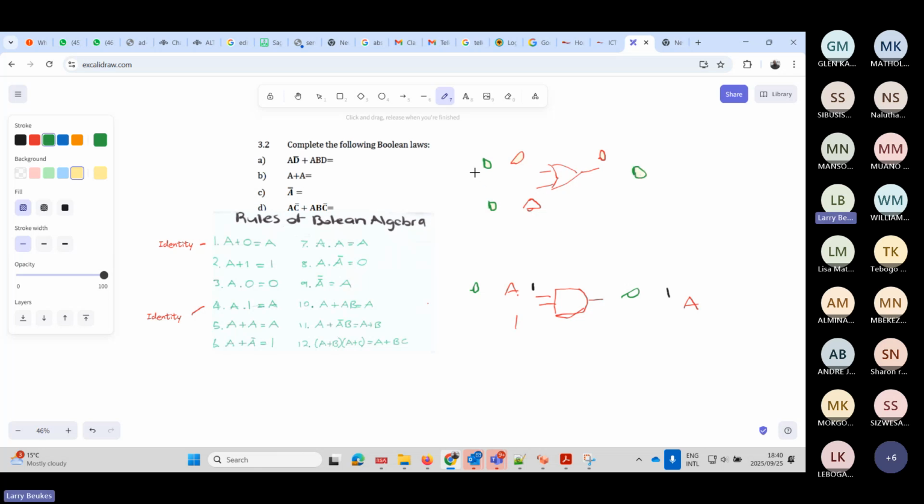So what does it mean? It simply means that if this is an A, then we OR it with an A, the output will be an A. So if these two inputs are the same, the output will be one of the inputs. So that's what idempotent law is saying to us, right?